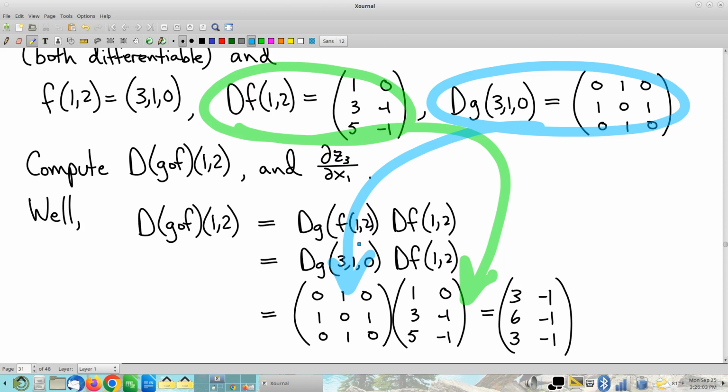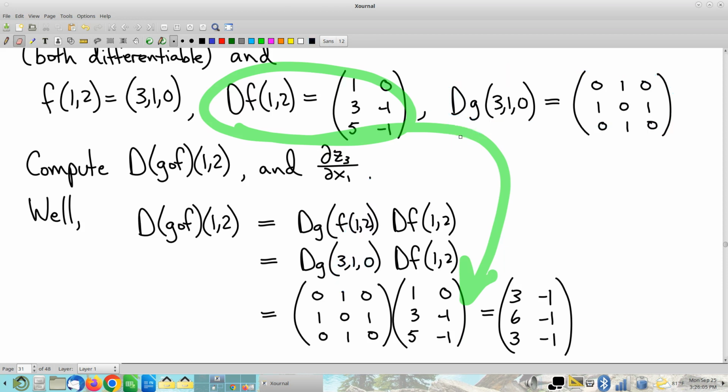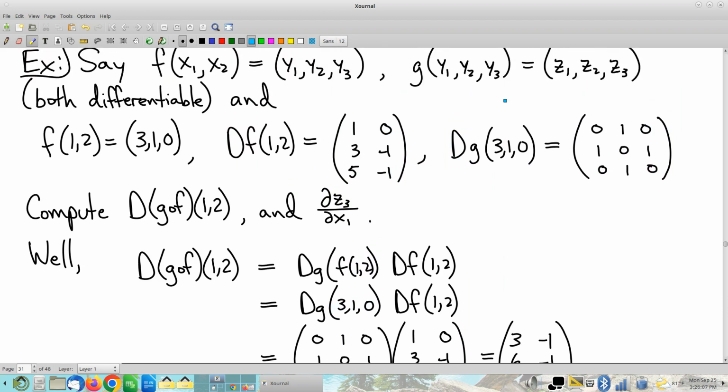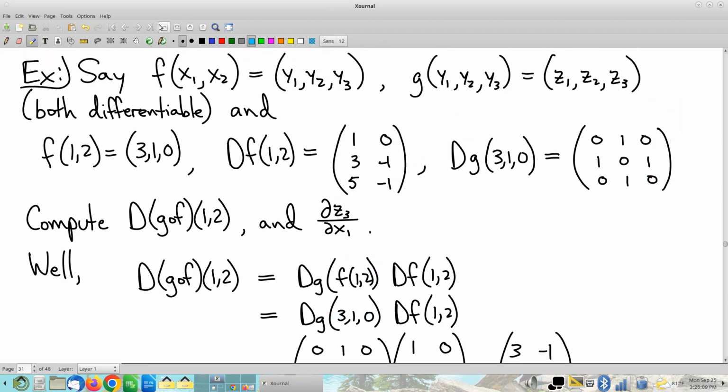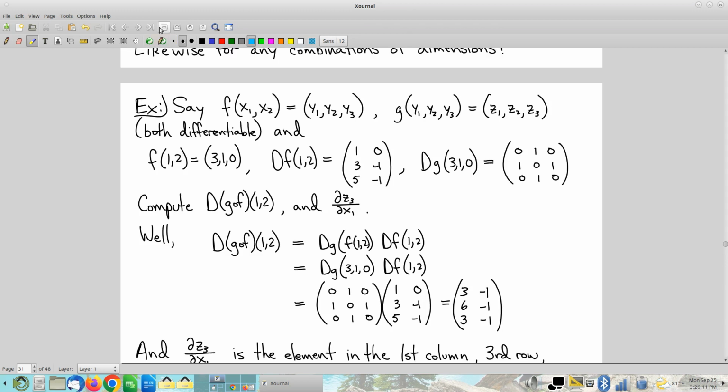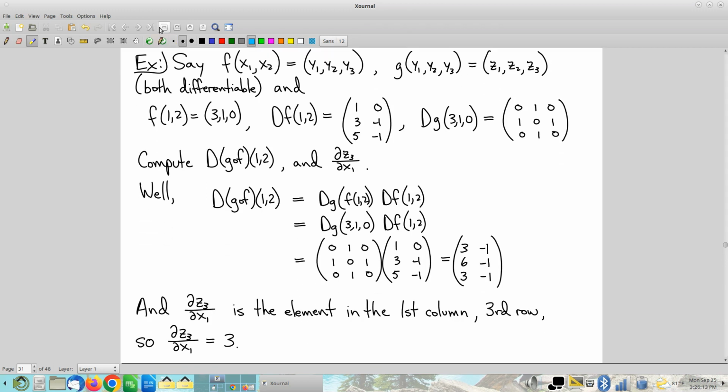Okay. All right. Now, you'll notice the second part of the question here. And actually, I think I'm going to zoom out so I can get this all on the screen at the same time. The second part of the question asks for this partial derivative right there, partial of z3 with respect to x1. Notice that z3 is one of these eventual output variables.